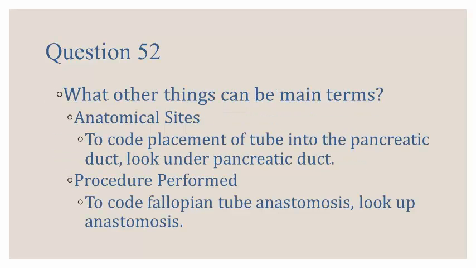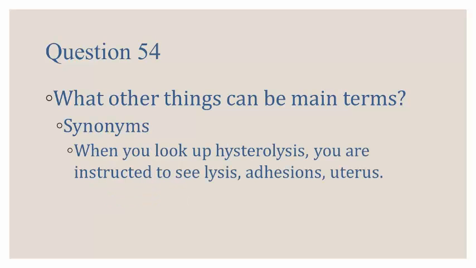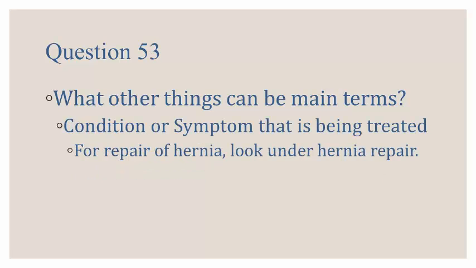Other things that could be main terms, besides anatomical sites, are the actual surgery or procedure performed. Always love to see an eponym. Could be abbreviations. Could be synonyms, which can be kind of tricky trying to figure out placement, repair. You can also have the potential to look up the condition, disease, or symptom that's being treated.